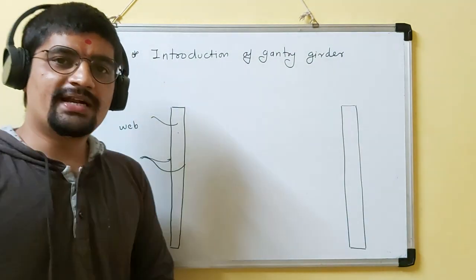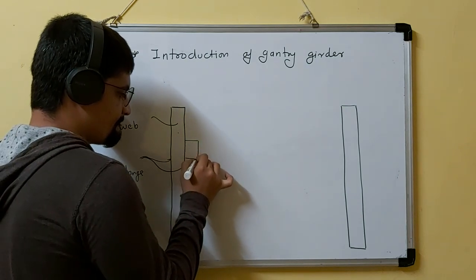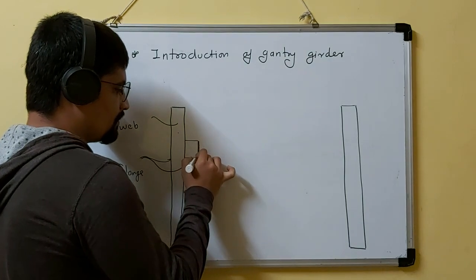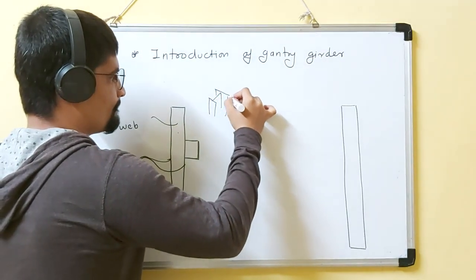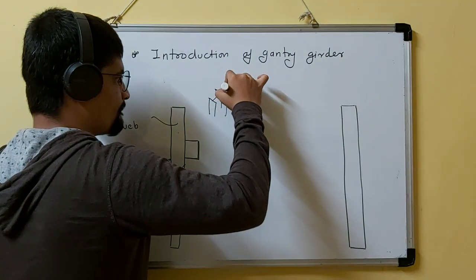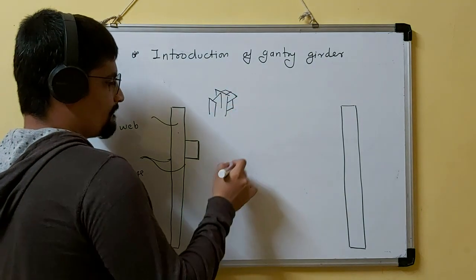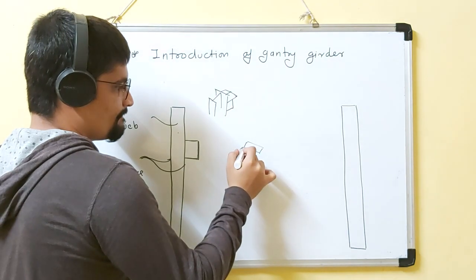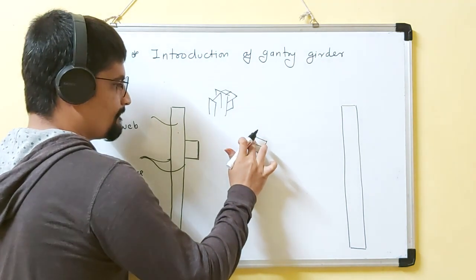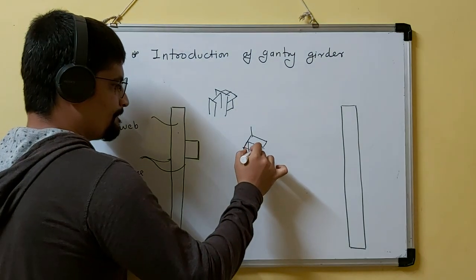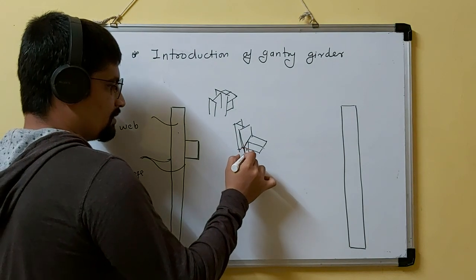On this column, the plate section or the angle section is placed, like this, and connected on the flange portion. Here the bolted connection is there.